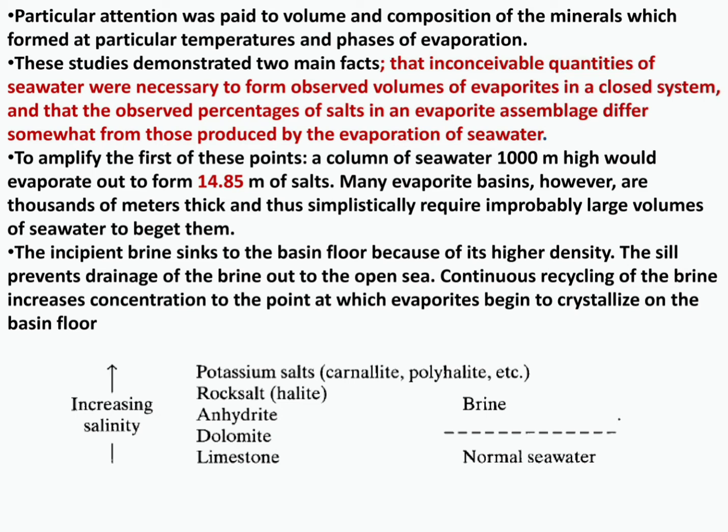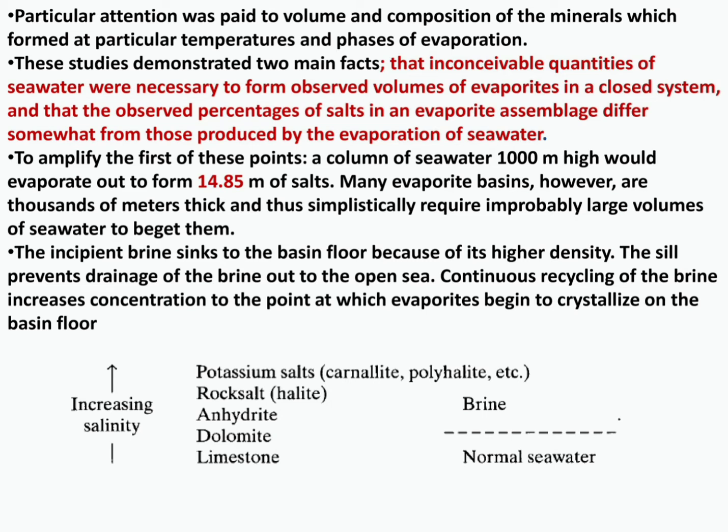This is important. Many evaporite basins, however, are thousands of meters thick and thus simplistically require improbably large volumes of seawater to beget them. So when you see a 1,000 meter thick evaporite basin, you can imagine how much water was previously there.